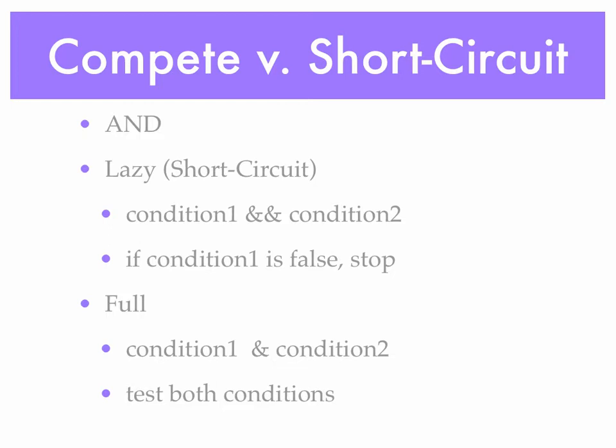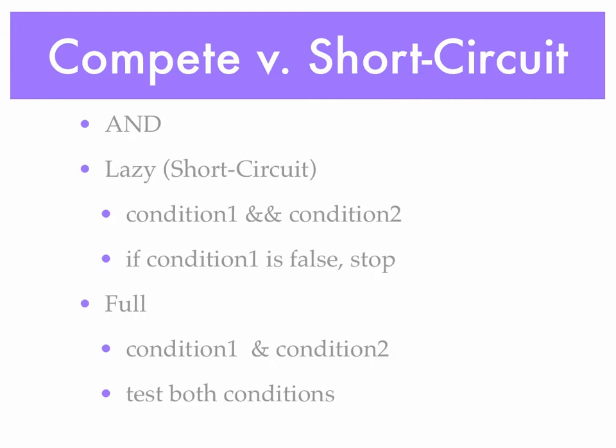If we are doing an and, seeing if both conditions are true, under lazy or short circuit evaluation, as I test condition 1 and condition 2, if condition 1 is false, I'll stop, because I've already got the answer. If condition 1 is false, I know that my and must evaluate to false.